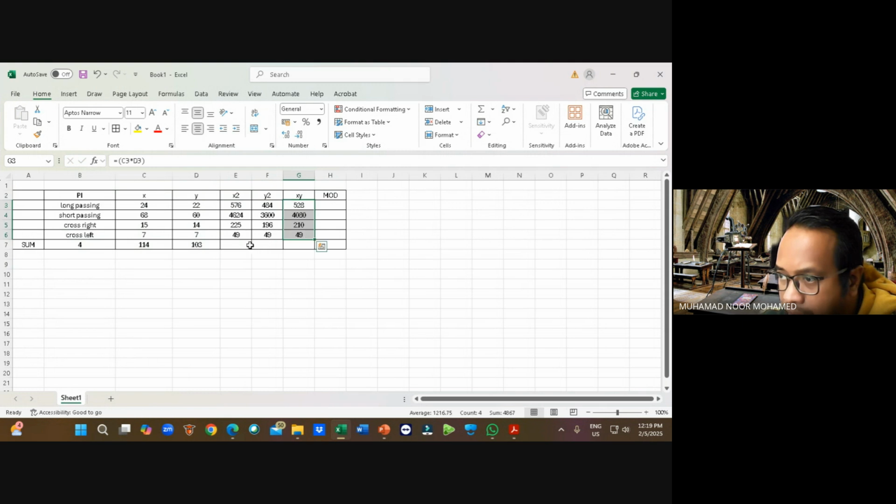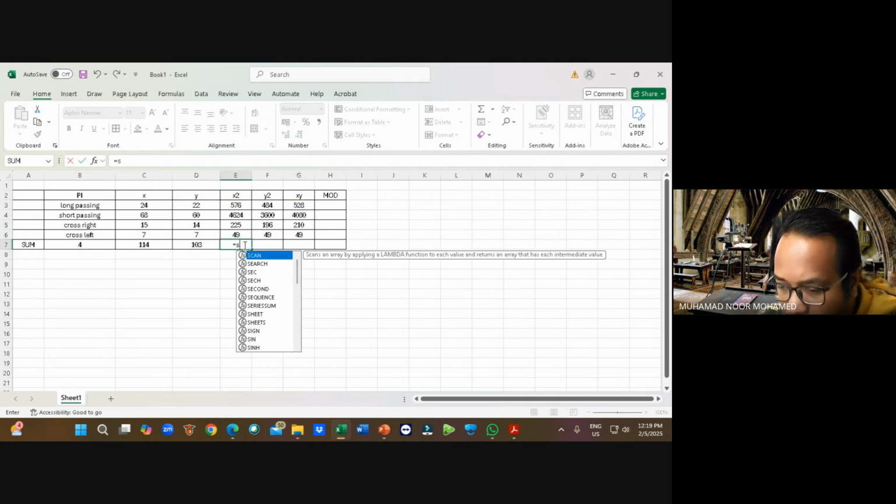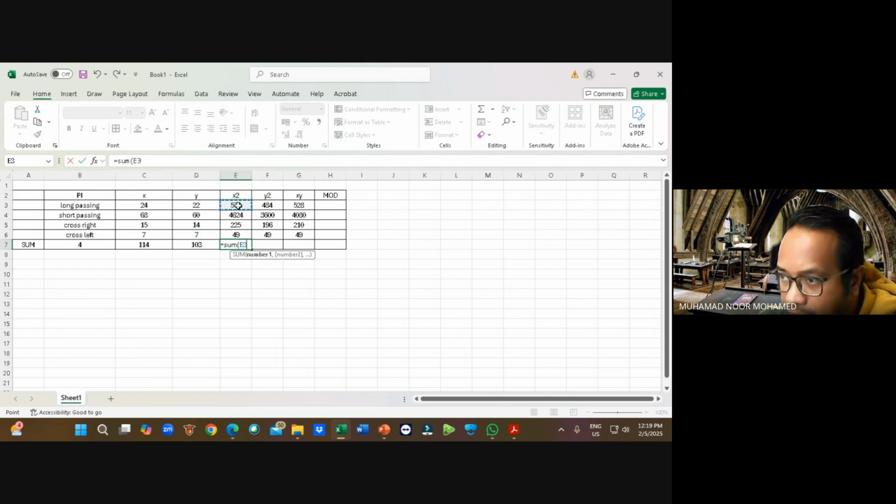Afterwards, we are going to calculate the sum for the line of x squared, the sum for y squared, and the sum for xy.